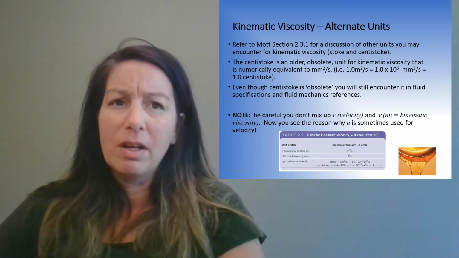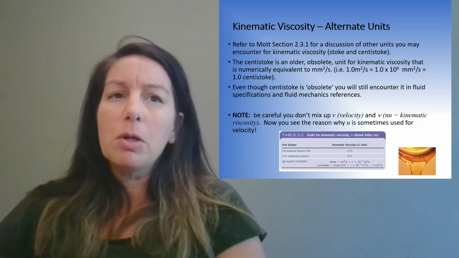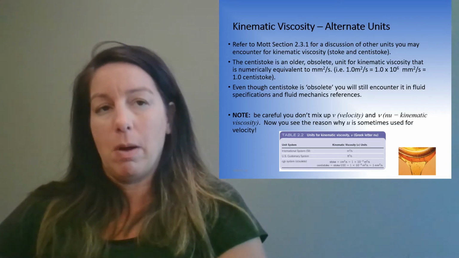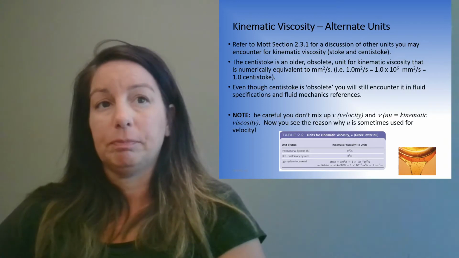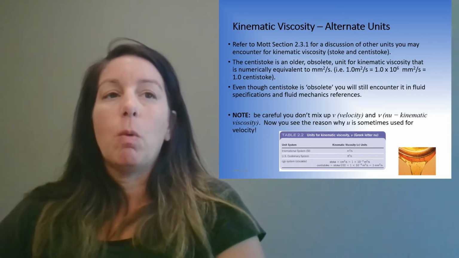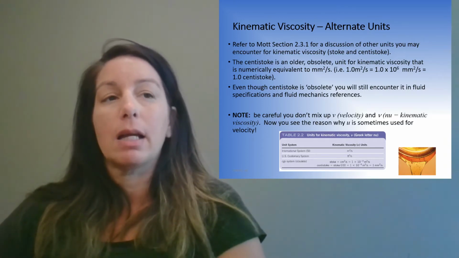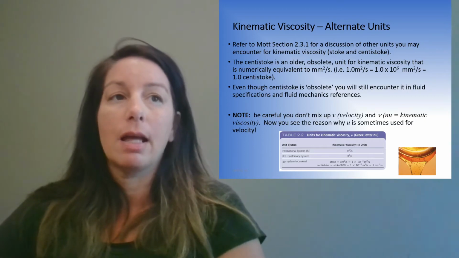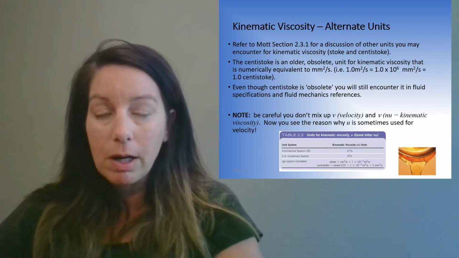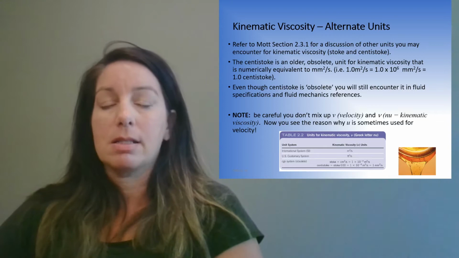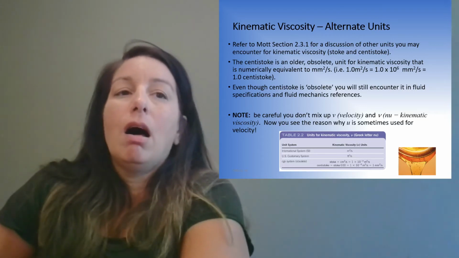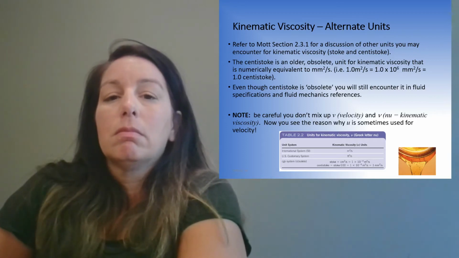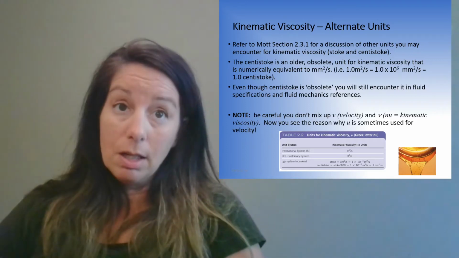It's numerically equivalent to a square meter per second. Okay, so 1 square meter per second equals 10 to the 6 square millimeters per second. That's the Stokes. And again, you'll see it published in books.